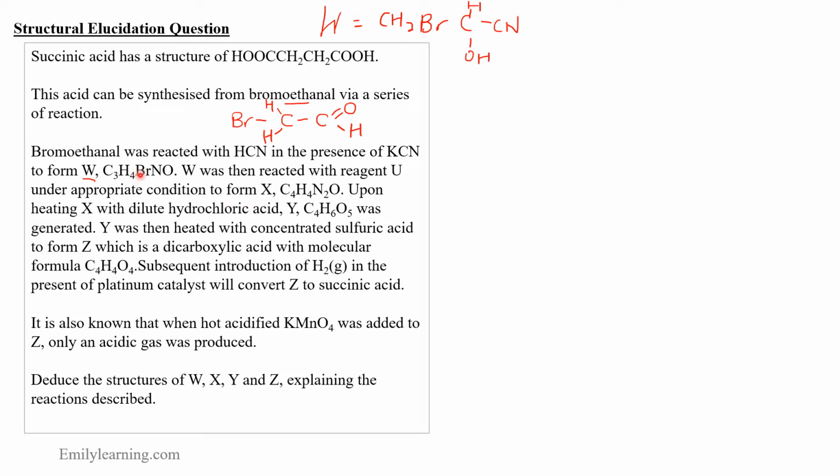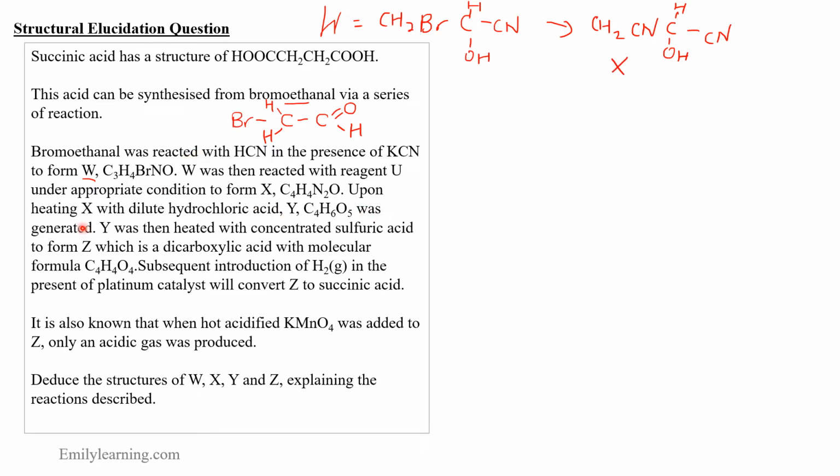So this reaction with reagent U involves substituting Br with CN. So to form X, I am going to replace the Br group with the CN group. So this will be my X. Now I know what my X is already.